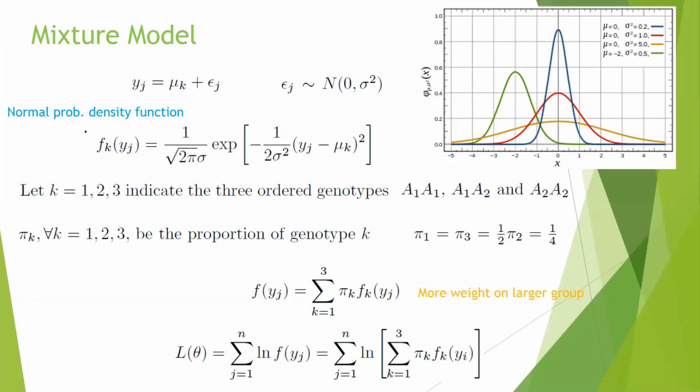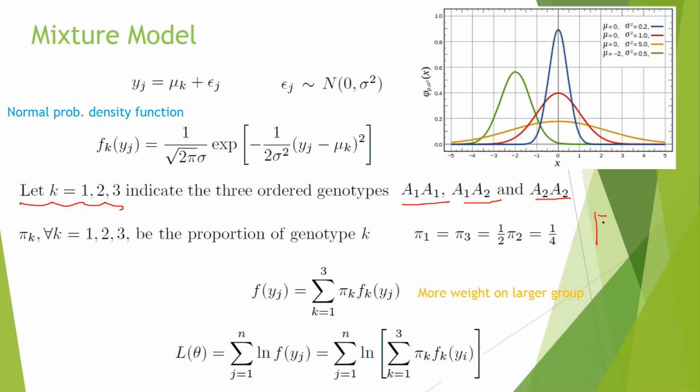Now, we let k equal 1, 2, or 3, to indicate the 3 ordered genotypes. We have 3 genotypes here, and we have many progeny individuals.